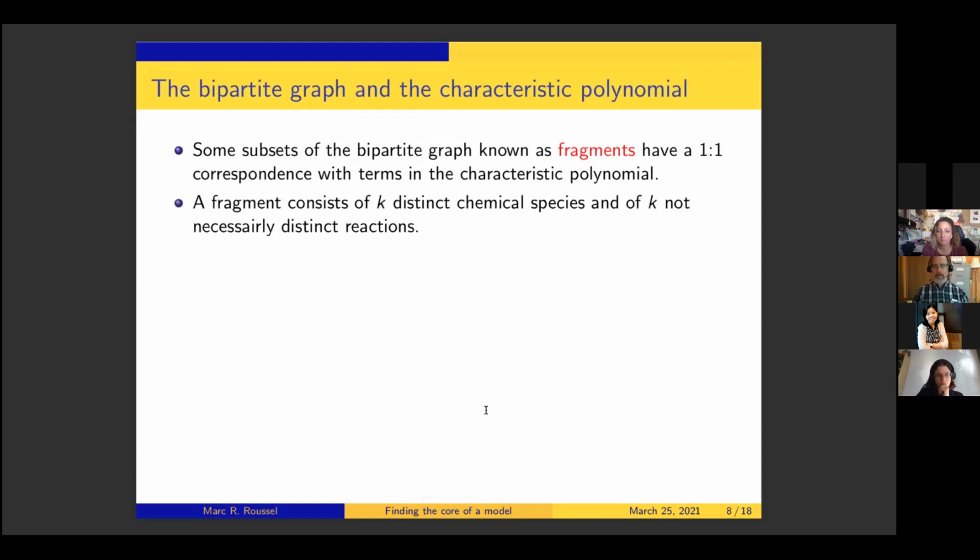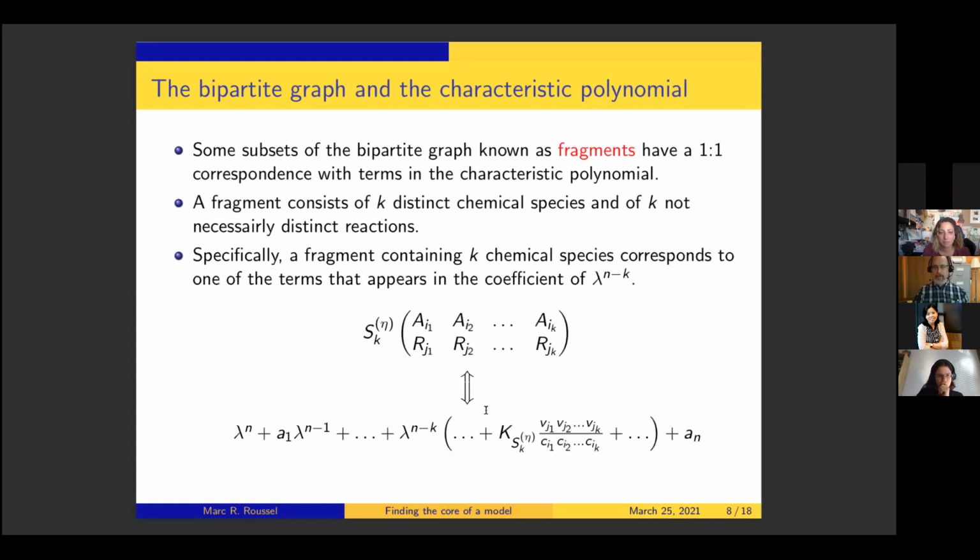So what's a fragment? In a fragment, you've got k distinct chemical species and k reactions, but the reactions are not necessarily distinct. Sometimes you go through the same reaction node twice, but you have to have k distinct chemical species.